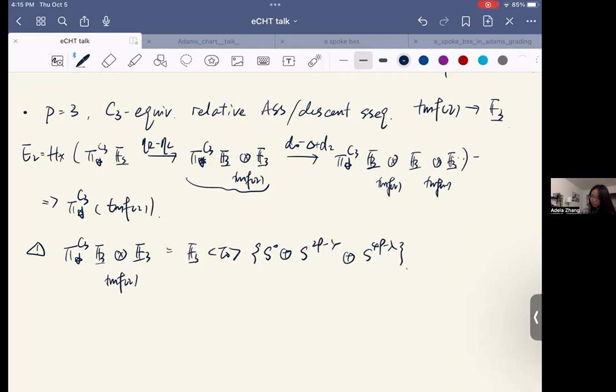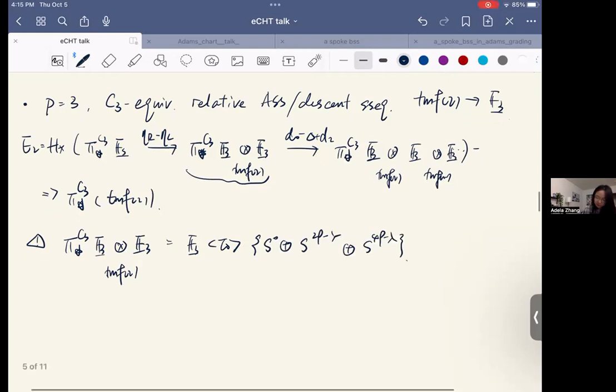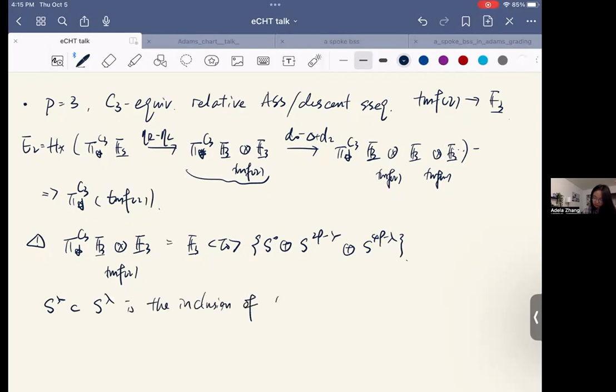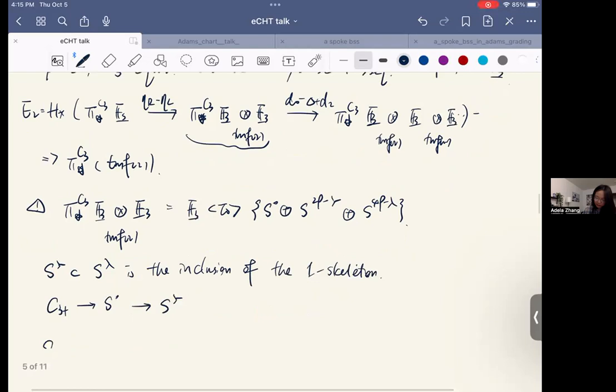So what is this spoke here? The spoke is the one skeleton of S lambda. It's the inclusion of the one skeleton. It can also be obtained by mapping C3 plus into S0 and taking the cofiber. So unfortunately, S spoke is not a Picard element.